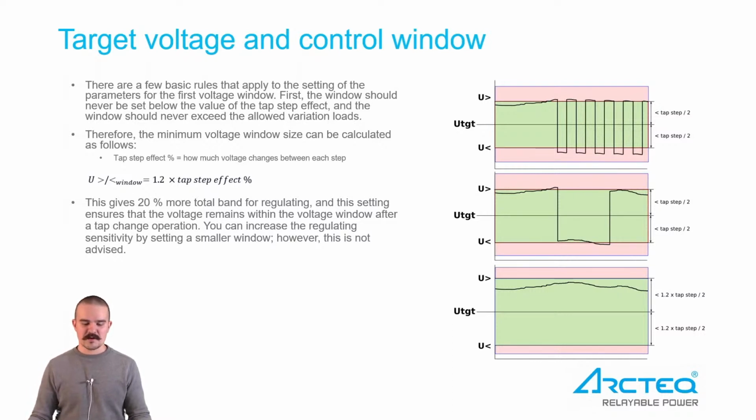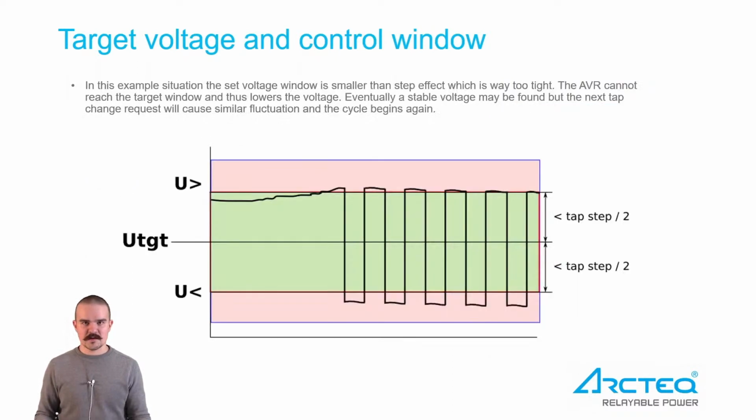You can increase the regulator sensitivity with a smaller window, but this is not really advised, and here are a couple of examples to show why. In this example situation, the window is smaller than the tap step effect.